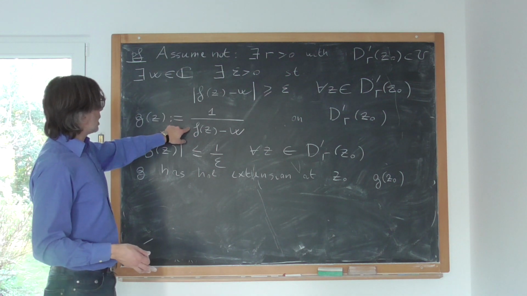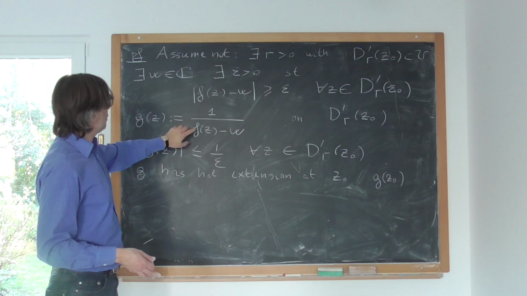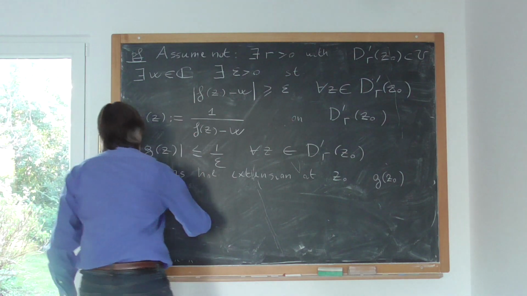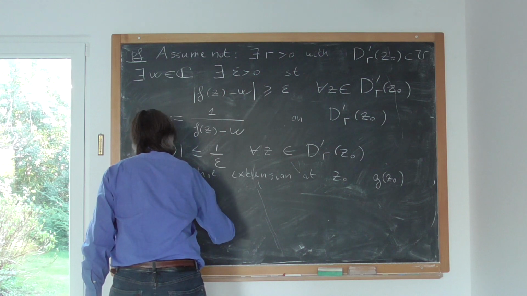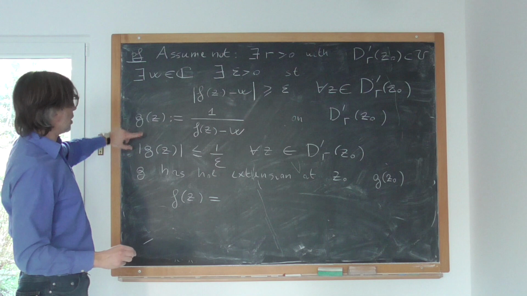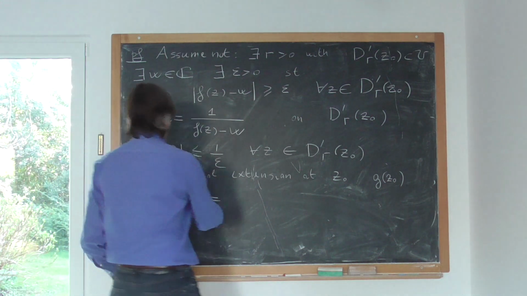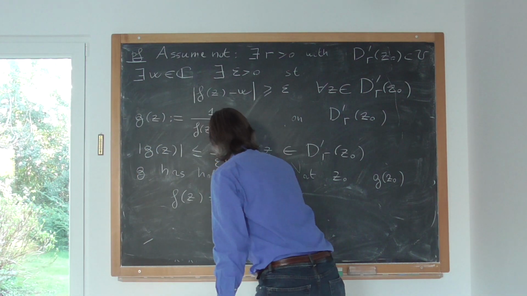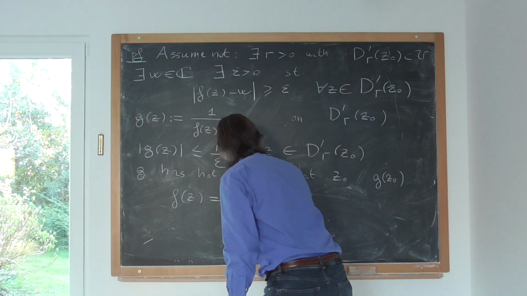And now we look again at F. So from this expression we get that f of z minus w is 1 over g, meaning that f of z is 1 over g of z plus w.